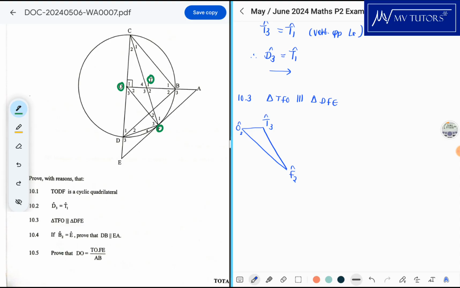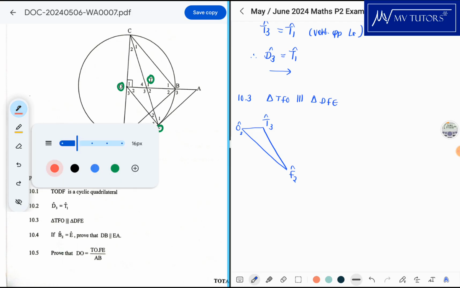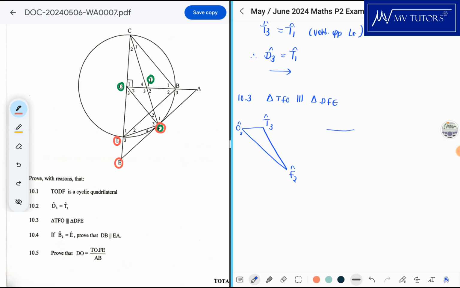And that is similar to triangle DFE. Okay, so D, F, E. Oh, okay. I'm going to rotate it and draw it sort of like the same way as I did TFO. So starting with D, D would be there.